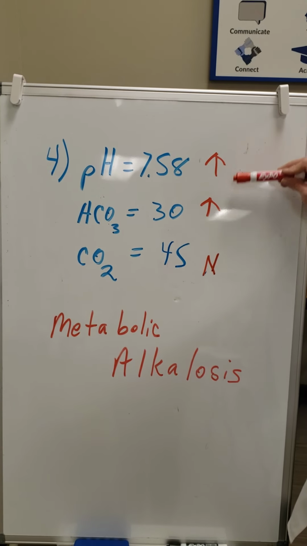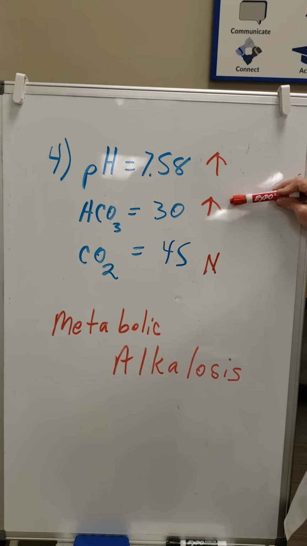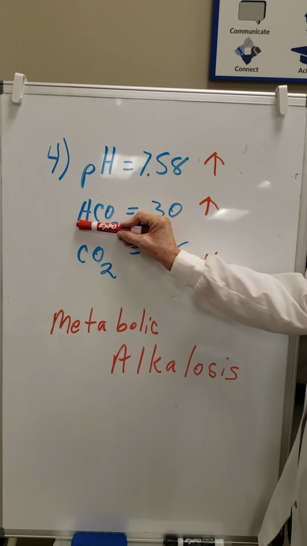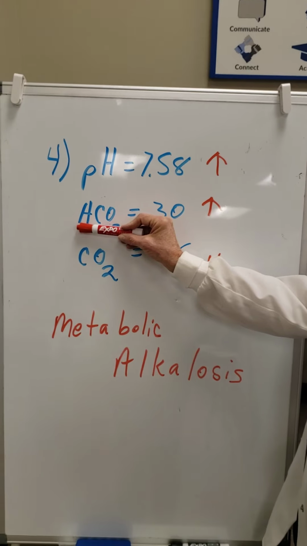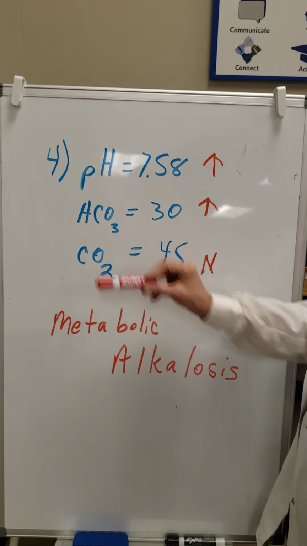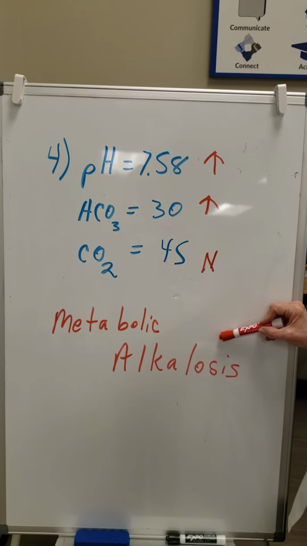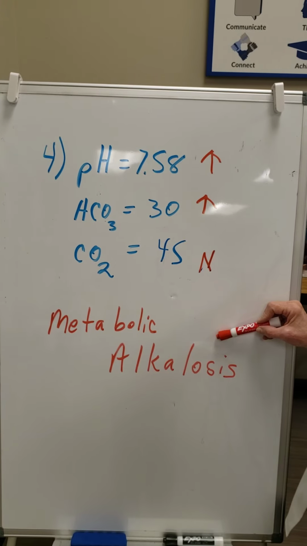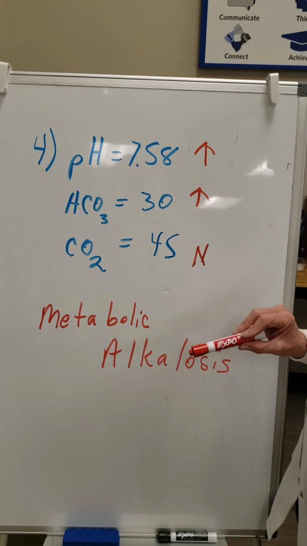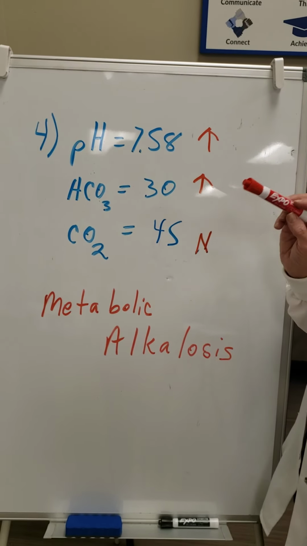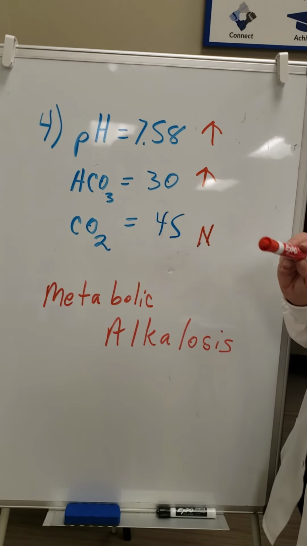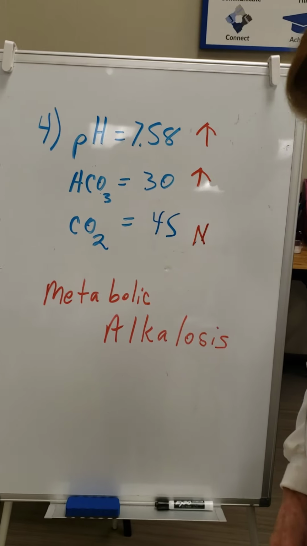Metabolic equal. Our arrows are going the same way. It's involving the bicarb component, okay? So bicarb is your metabolic, so it's metabolic alkalosis. Again, an example of metabolic acidosis, metabolic alkalosis, respiratory alkalosis, and respiratory acidosis.